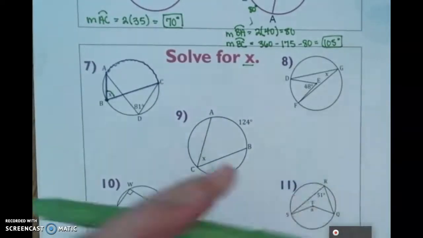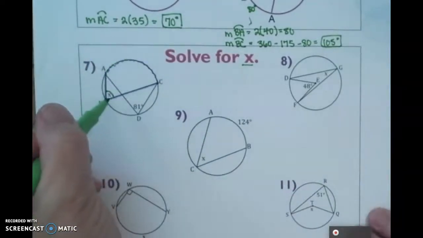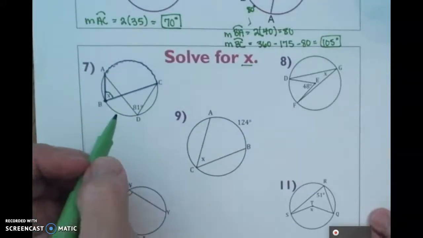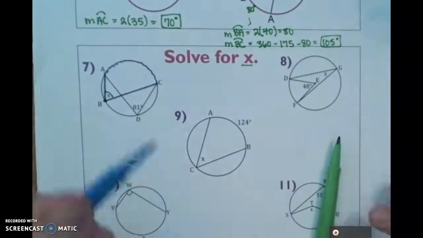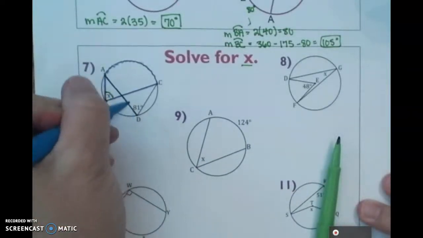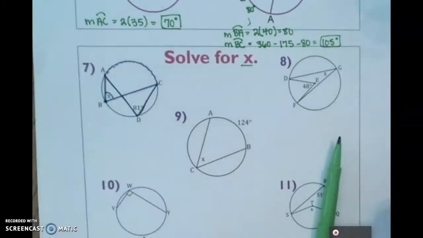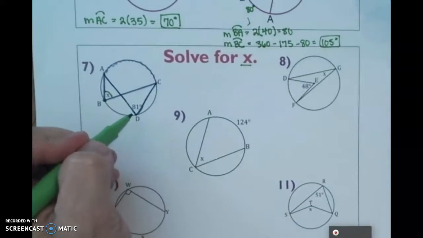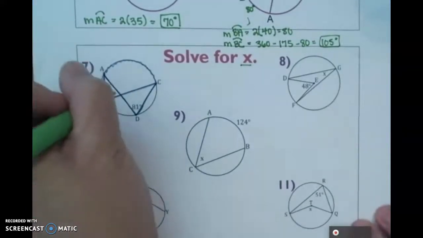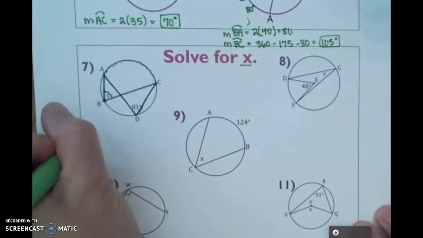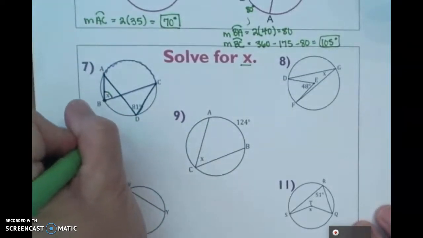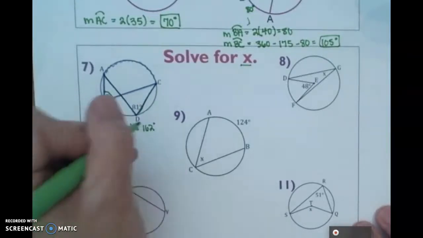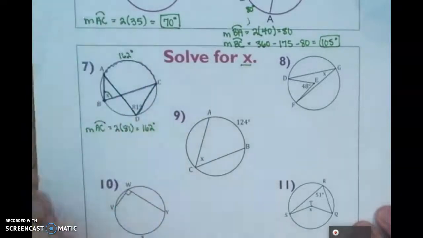If I knew that measure, I could half it to find the inscribed angle. I don't know that arc, it's not given, but if you look, it's also the intercepting arc of this 81 degree angle. So if I know that my angle is 81 degrees, if I want this arc, so the measure of arc AC, I'm going to do 2 times that 81 degrees to get 162 degrees for that arc.